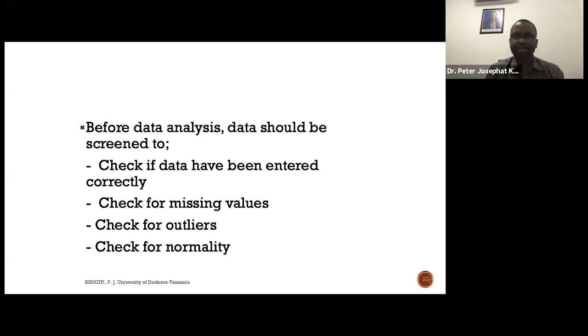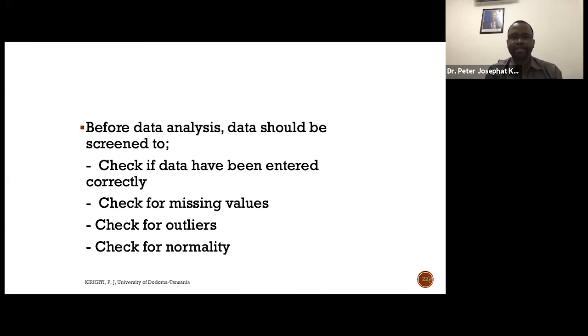We have controlled, starting from the planning and the collection. Maybe we have adopted the electronic way of collecting data. There are so many constraints, but we cannot rule out that some impurities will come up to the stage of the analysis. So again, we have to cross-check our data.